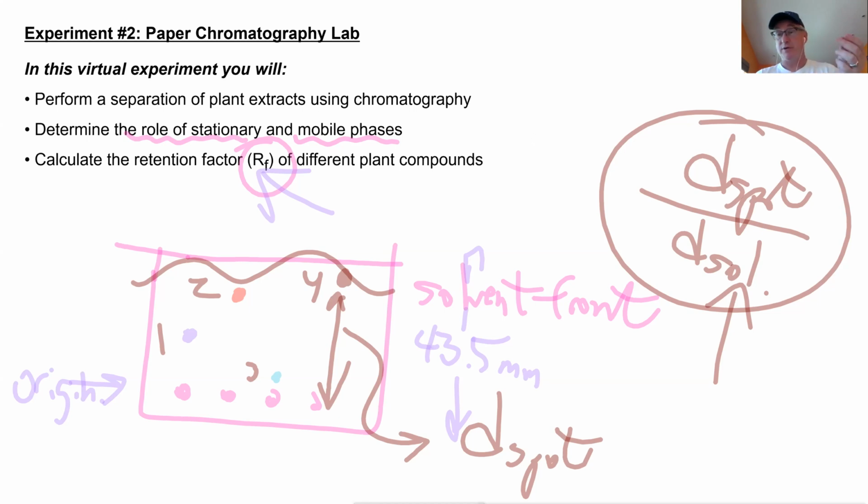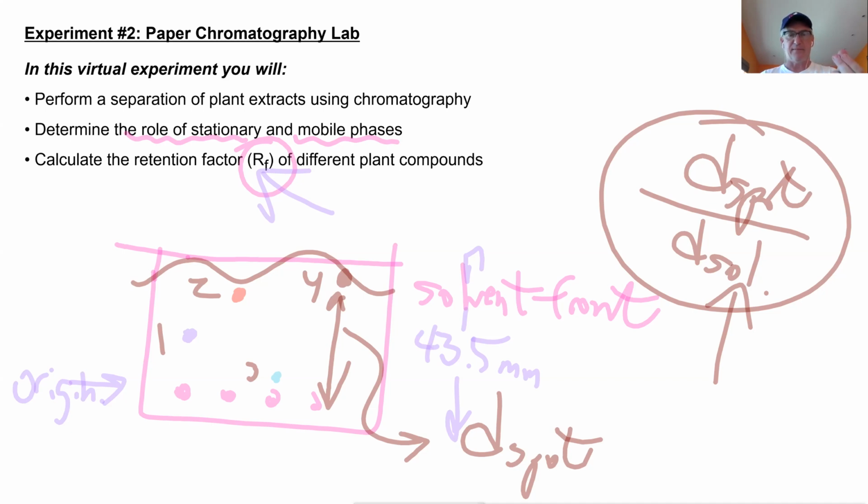When you do this in real life, you spot as much as you can in the smallest area you can, so that when it moves, these things spread out, they diffuse slightly, and you want these spots to be as small as you can, so the colors stay in a small boundary and you can see them more easily. But yes, it shouldn't matter the amount. The distance it moves should be independent of how much you spot, and so it's an intrinsic factor.